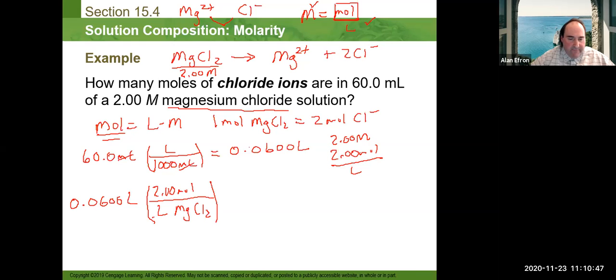And at this point, if we stopped right at this point, the liters would cancel and we would be moles of the entire thing, which is magnesium chloride, which is close to what we're looking for, but we are looking for just the chloride part. So again, this is where we could use the formula as a conversion factor to go for the whole thing to just the chloride ions. So in 1 mole of the whole thing, we get 2 moles of the chloride ions.